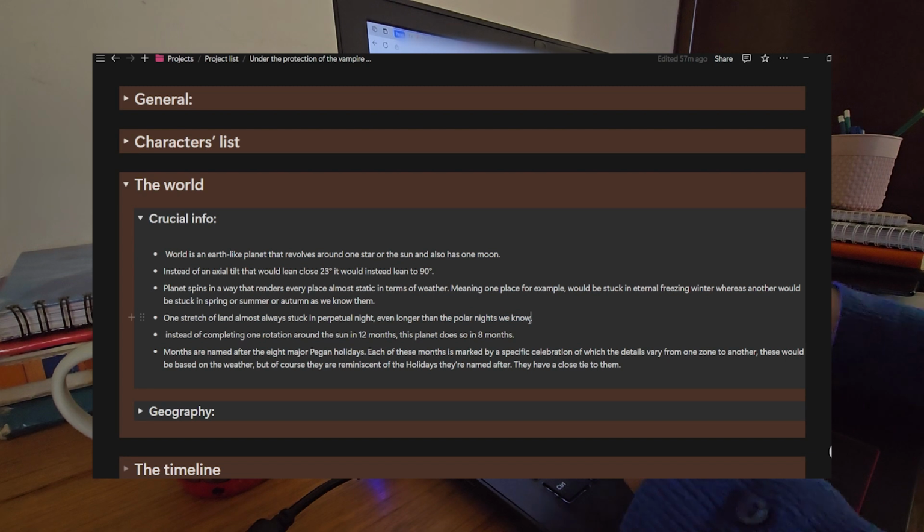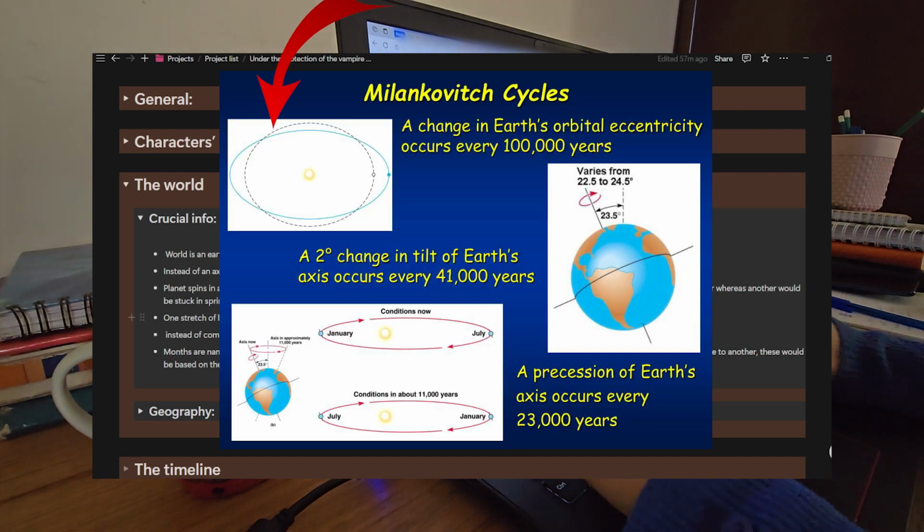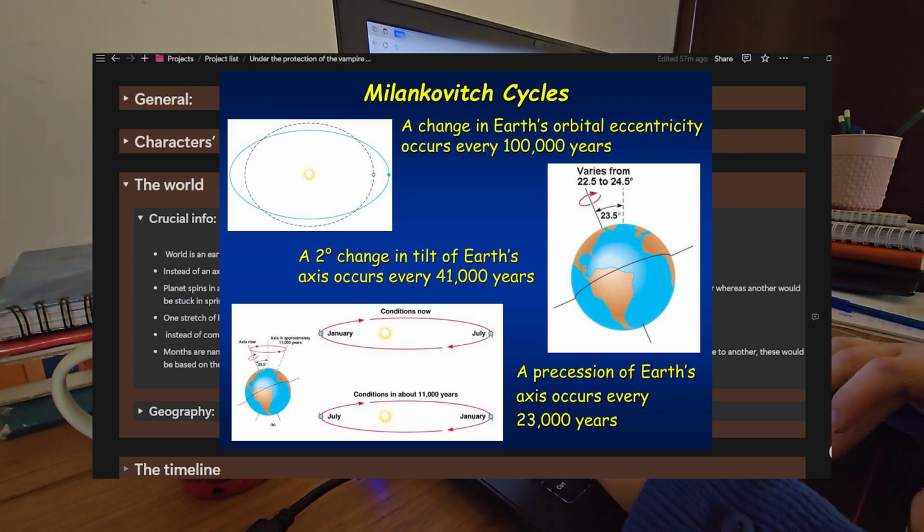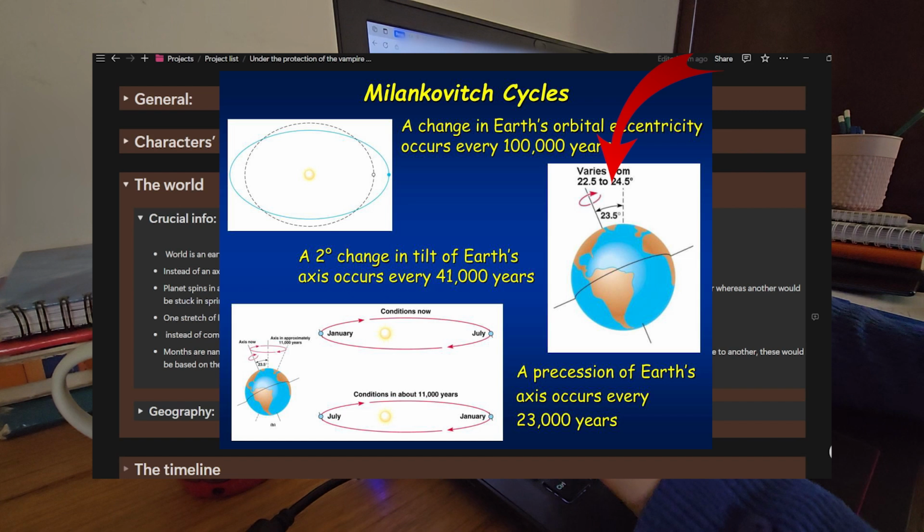How would that be possible? Well, instead of having an orbit that resembles this, it would have this. And instead of an axial tilt that would lean close to 23 degrees, it would instead lean to 90 degrees.